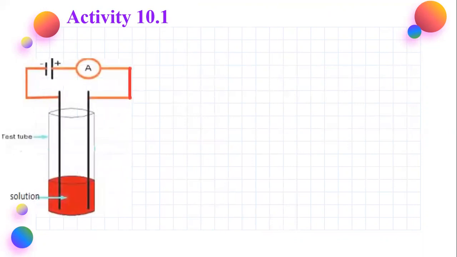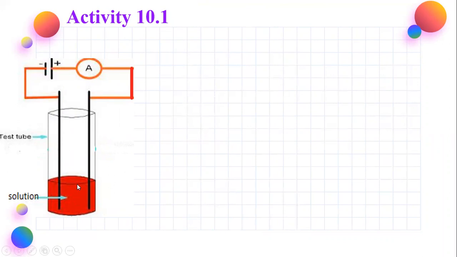Do all liquids conduct electricity? To find out, let's do this activity. Here, we have a setup with two carbon rods, a wire, a dry cell, and an ammeter. So dip these two carbon rods into a solution.